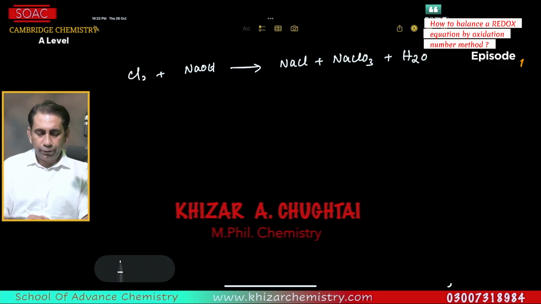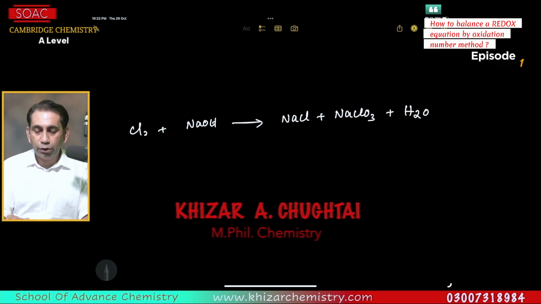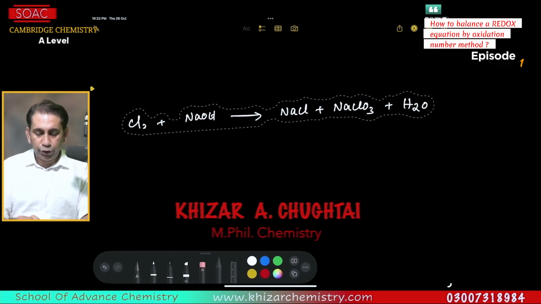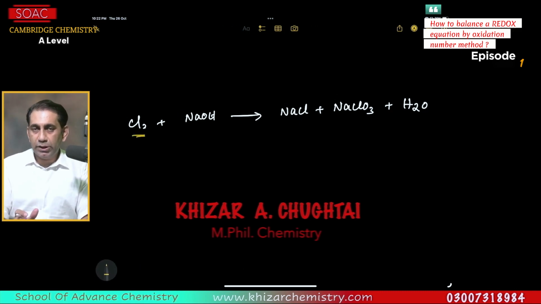So once again, the first step is to find the oxidation state of each and every element. As I told you, this is a disproportionation reaction. It is a reaction in which some molecules of the same species are going to oxidize and some molecules of the same species are going to reduce as well. These are a unique type of redox reaction.